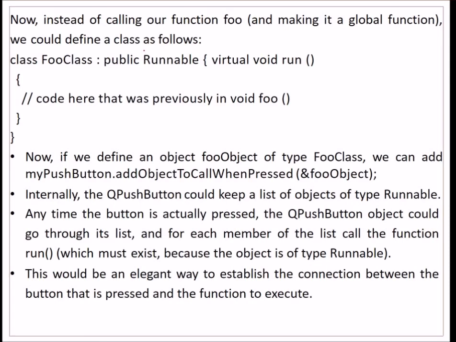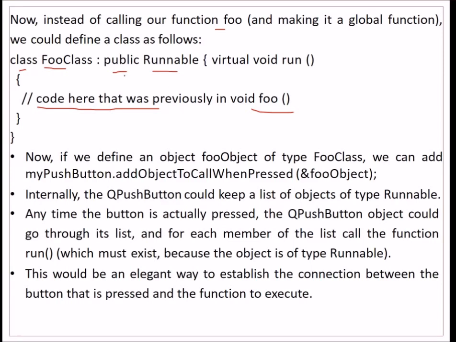Now rather than making foo a global function, we can define a class like this: class FooClass, public Runnable, with virtual void run, and we can place the code that was previously in void foo right here.